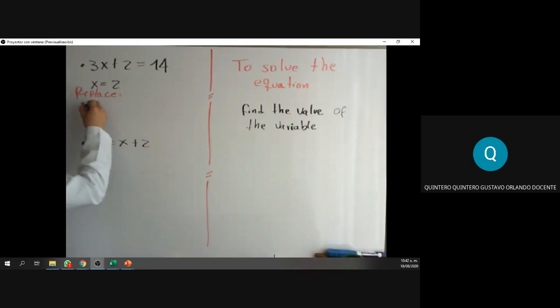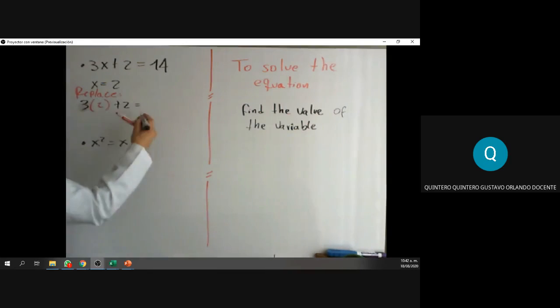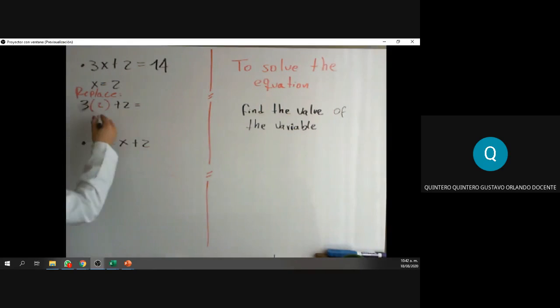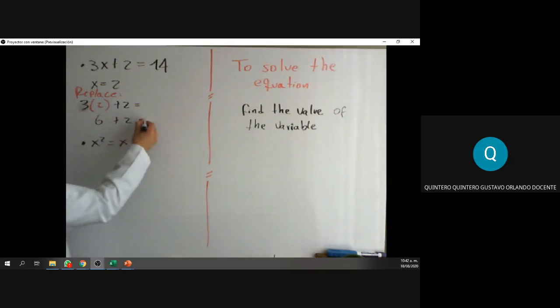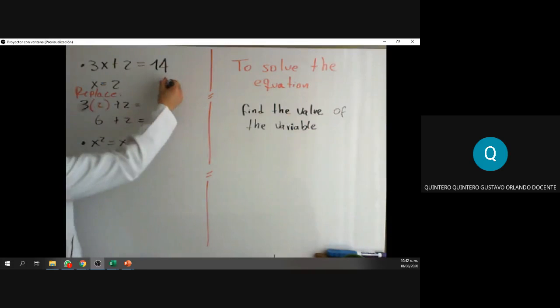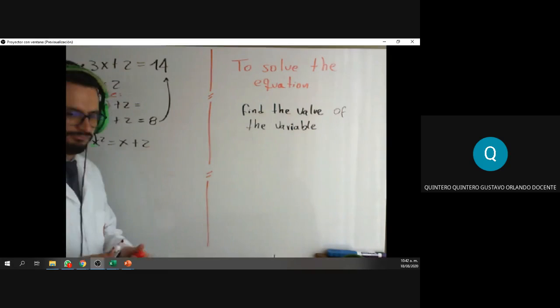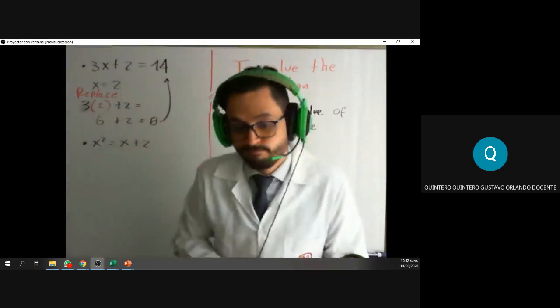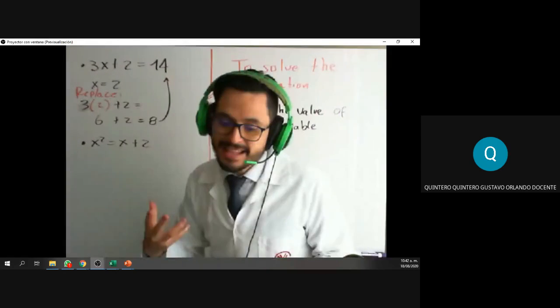So here we have 3 times our value of 2 plus 2. How much is that? This is 6, right? 6 plus 2, this is 8. Well, it is not 14, right? So the result is not 2.